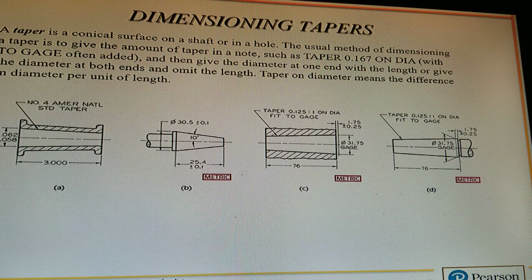Then you give the diameter at one end and the length, or give the diameter at both ends and omit the length. Taper on the diameter means the difference in diameter per unit of length. So those are 4 examples of how to do tapers.